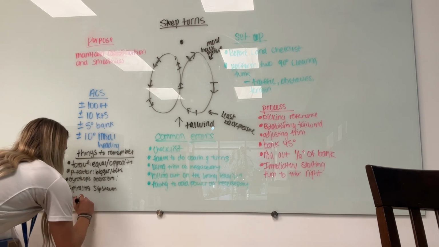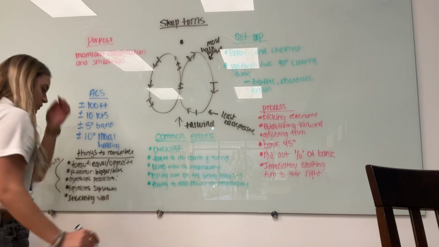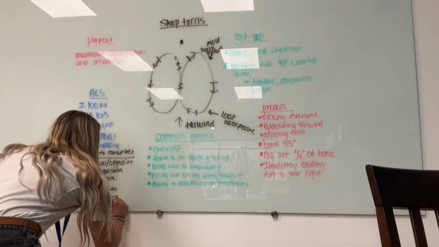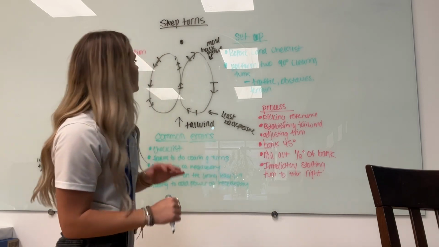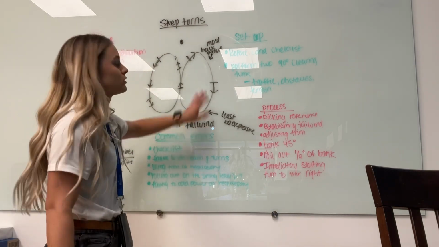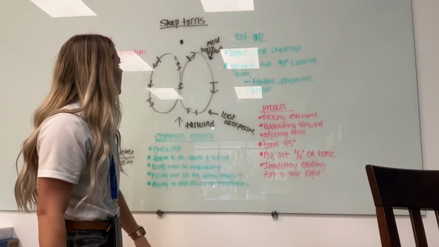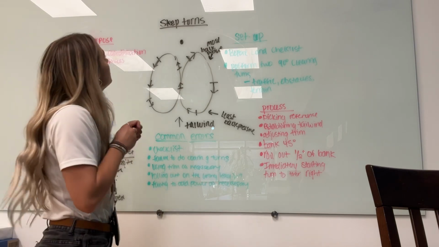So just remembering that the most important thing in this maneuver is to maintain that airspeed so that you don't get yourself into a stall. So that's pretty much it when it comes to steep turns.